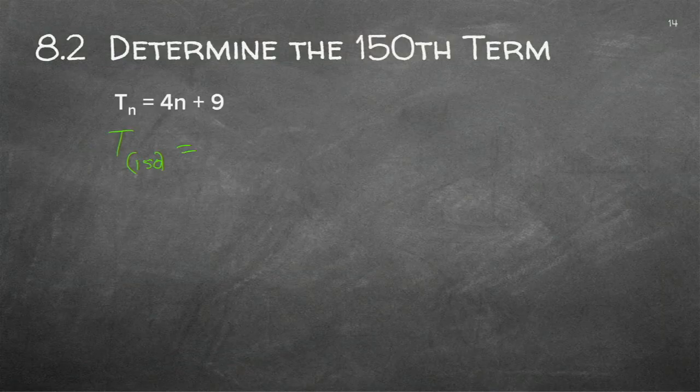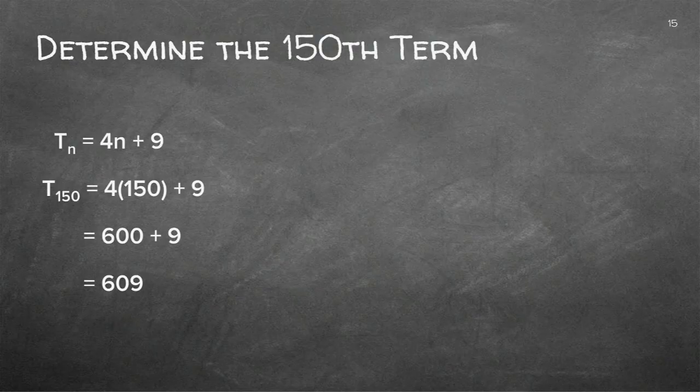So if I do it on the left-hand side, how does the equation work? Whatever you do on the left-hand side, you do on the right-hand side, and you get your answer. So 4 times 150 is 600 plus 9 is 609. So let's just rub it out, because you're going to redo it on your own. There will be the answer afterwards so that you can just check it carefully.